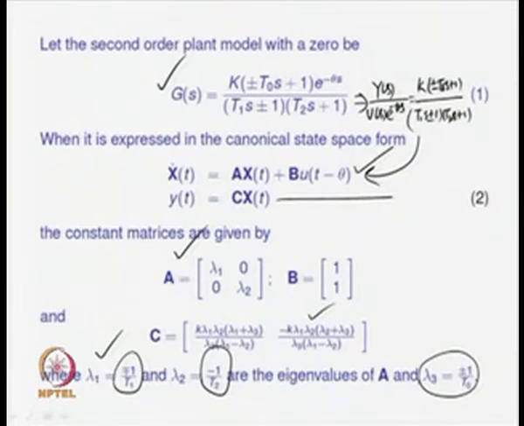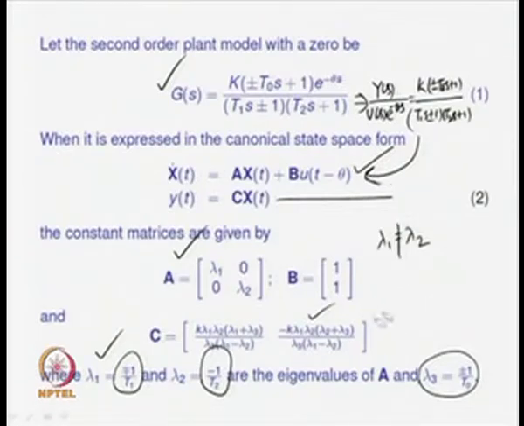Now, it is evident from the constant C that when λ1 is equal to λ2, we cannot get the state space representation correctly. So this state space equation can be used when λ1 is not equal to λ2.